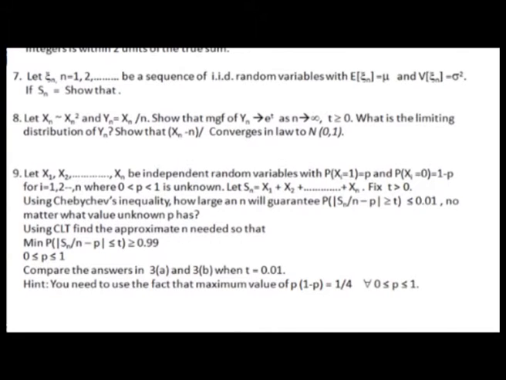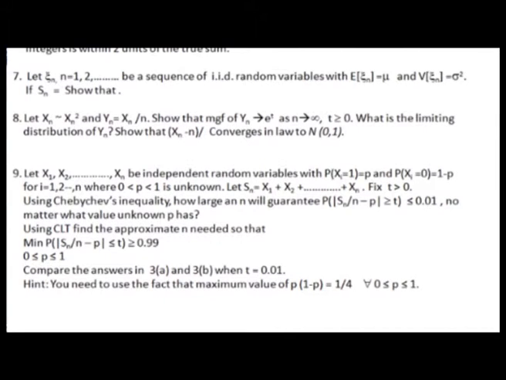Now, if you define S_n as X_1 plus X_2 plus ... plus X_n and you fix your t, then the problem says: using Chebyshev's inequality, how large an n will guarantee that the probability of |S_n upon n minus p| greater than or equal to t is less than or equal to 0.01, no matter what value the unknown p has?